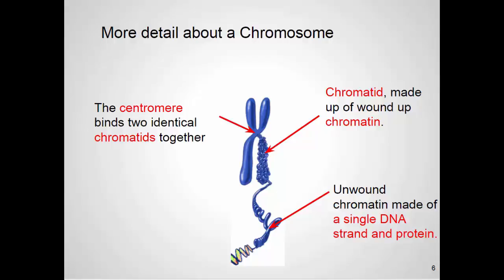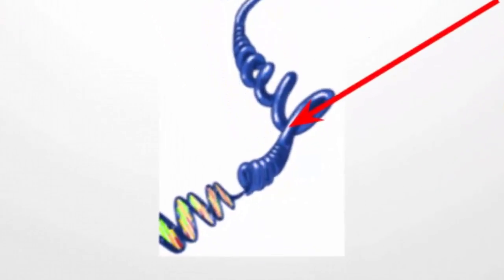If you chopped this chromosome right down the middle, it would have two halves, and these halves are called chromatids. The place where the chromatids were connected will be called the centromere, which is good because it represents the center. Again, the whole thing is made from something called chromatin, and chromatin is a molecule of DNA wound around proteins.